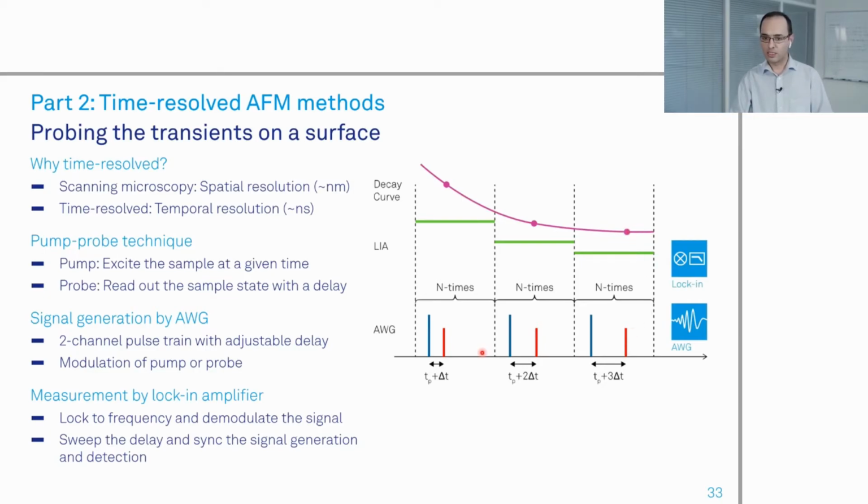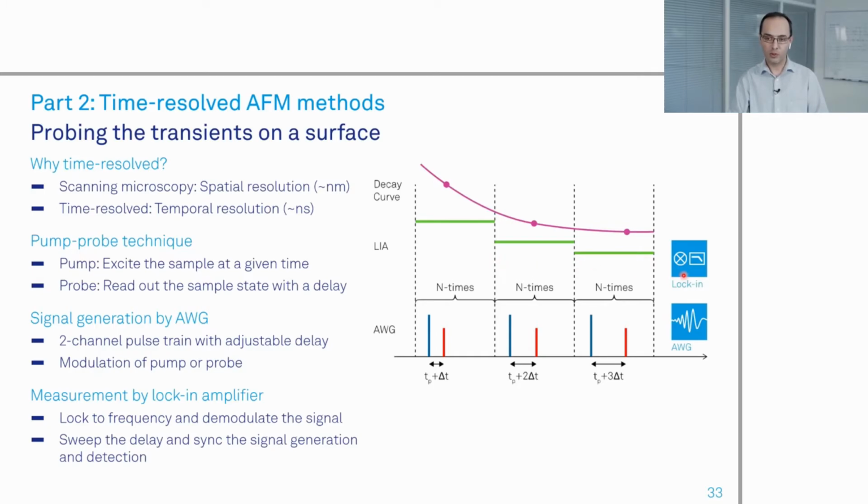To be able to do that in the electrical domain, we have to use at least a 2-channel AWG to generate such pulses, and also to be able to sweep a delay in between. And to measure the signal, we need to use a lock-in amplifier because the signals are very weak. We are talking about atomic scales.